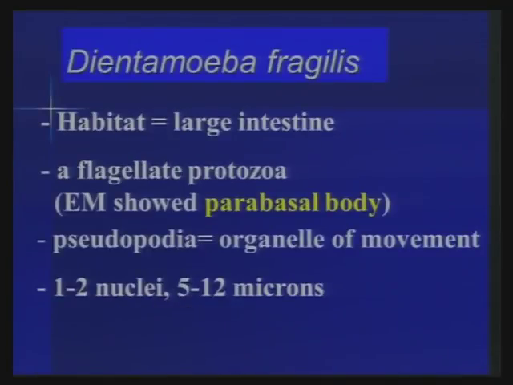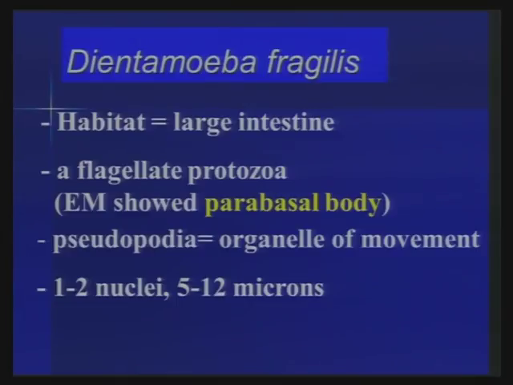I think it's common, but it's not very easy to diagnose this parasite. If you take a look at the name, it's Dientamoeba, right? So imagine the morphology of the protozoa: you take a look at 2 nuclei, because we call it Dientamoeba.